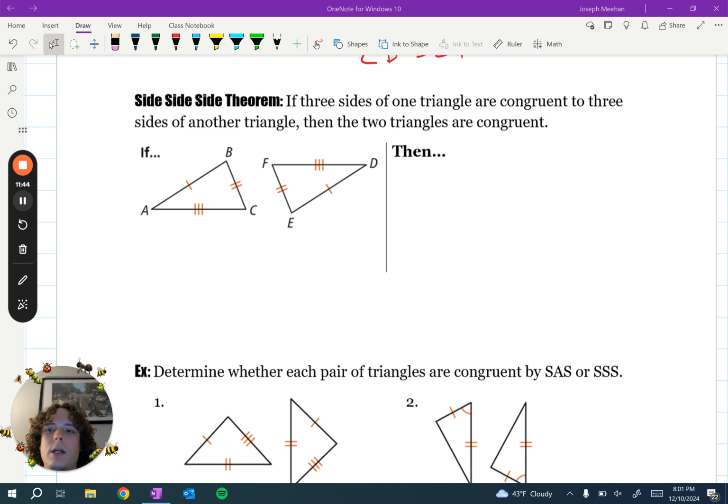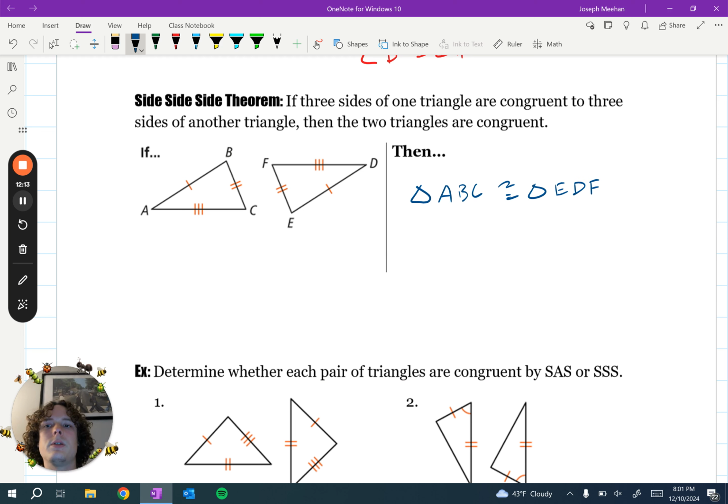All right, next theorem. It says side, side, side theorem. If three sides of one triangle are congruent to three sides of another triangle, then the two triangles are congruent. So if AB is congruent to ED, if BC is congruent to FE, and if AC is congruent to FD, then triangle ABC is congruent to triangle EDF.